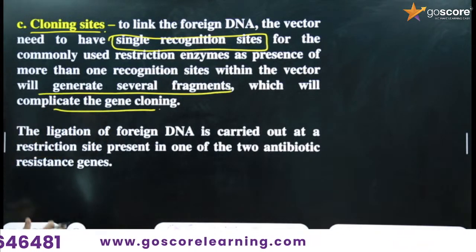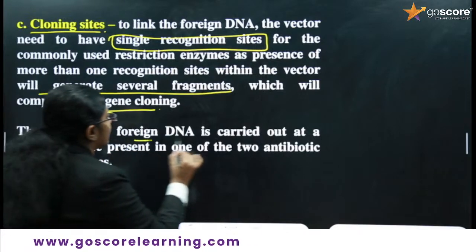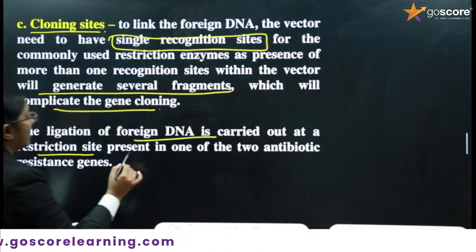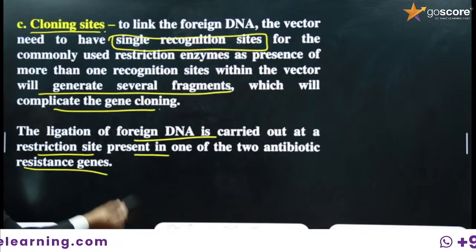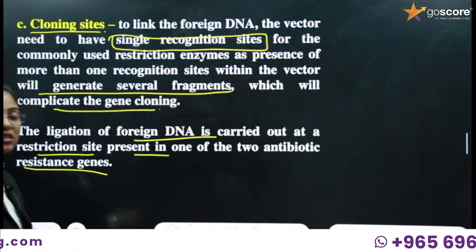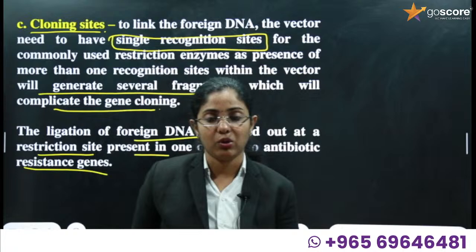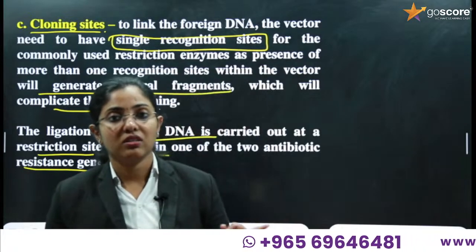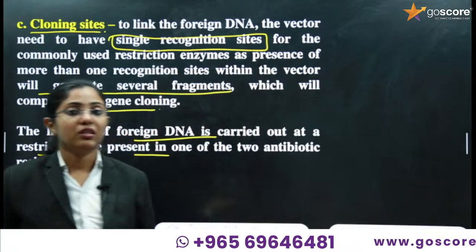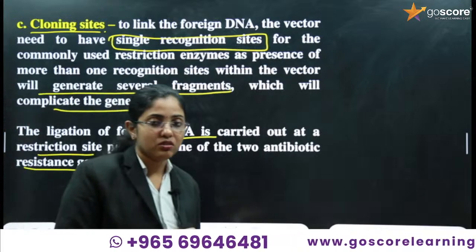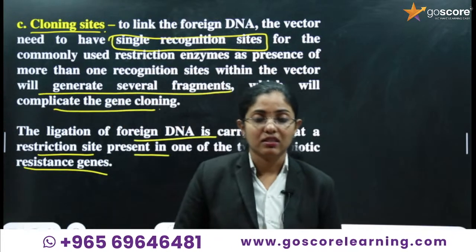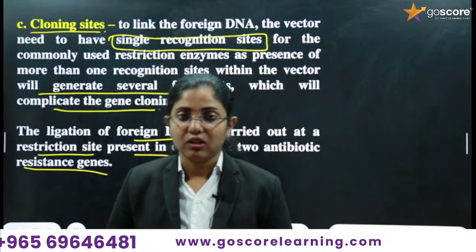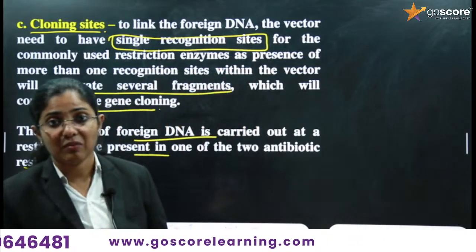Okay, so next, the ligation of foreign DNA is carried out by the restriction site present in one or two antibiotic resistant genes. We have already mentioned the antibiotic resistant genes previously. What are the antibiotic resistant genes present? Ampicillin resistant gene is present, tetracycline resistant gene is present, then chloramphenicol resistant gene, kanamycin.